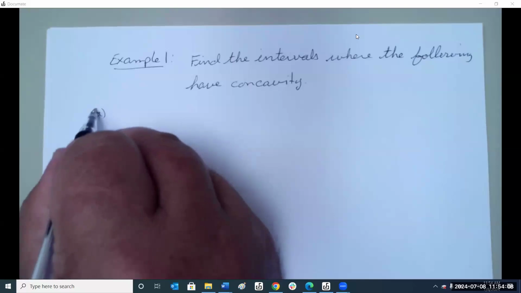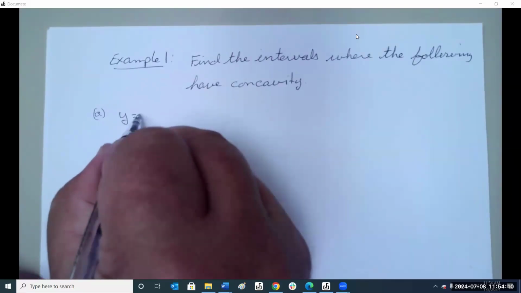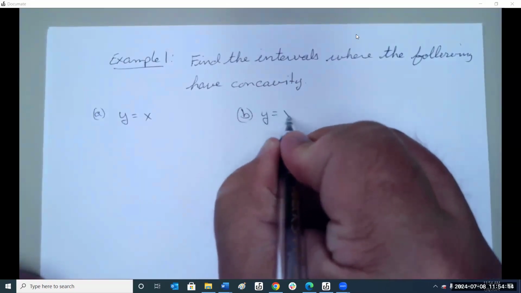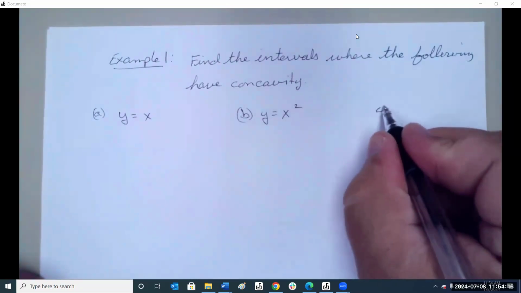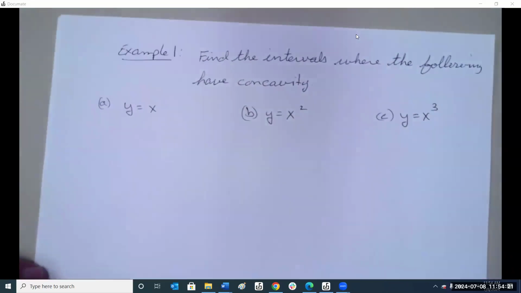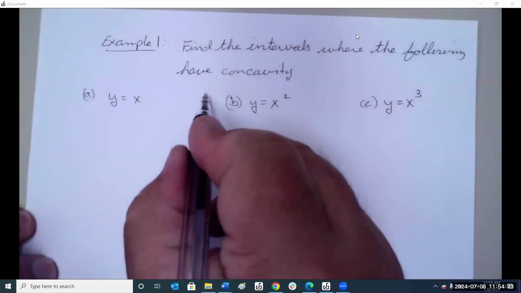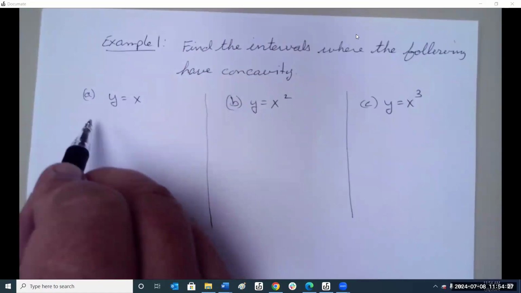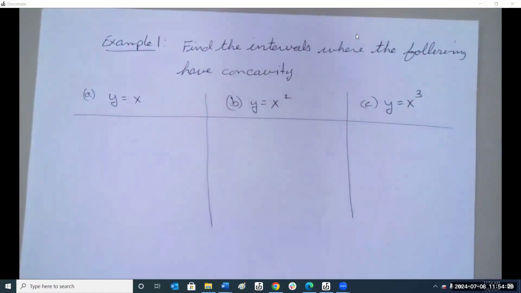I'm going to add an extra one to this one. Find the intervals where they have concavity.